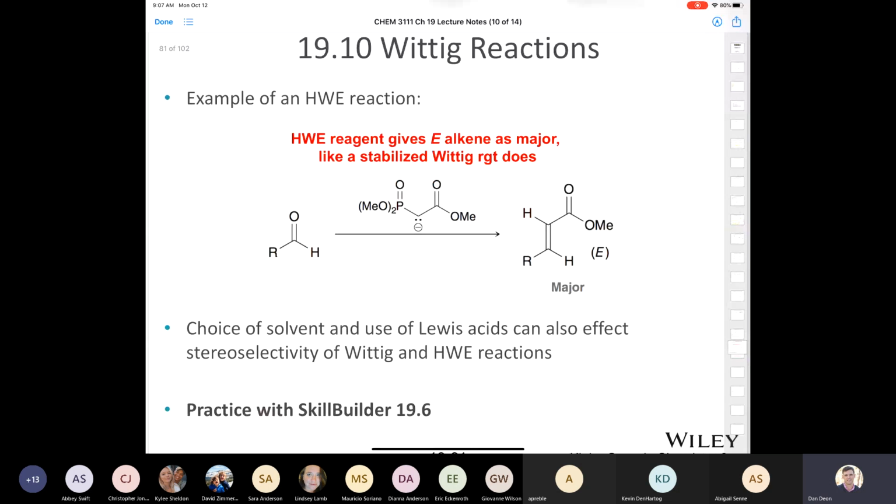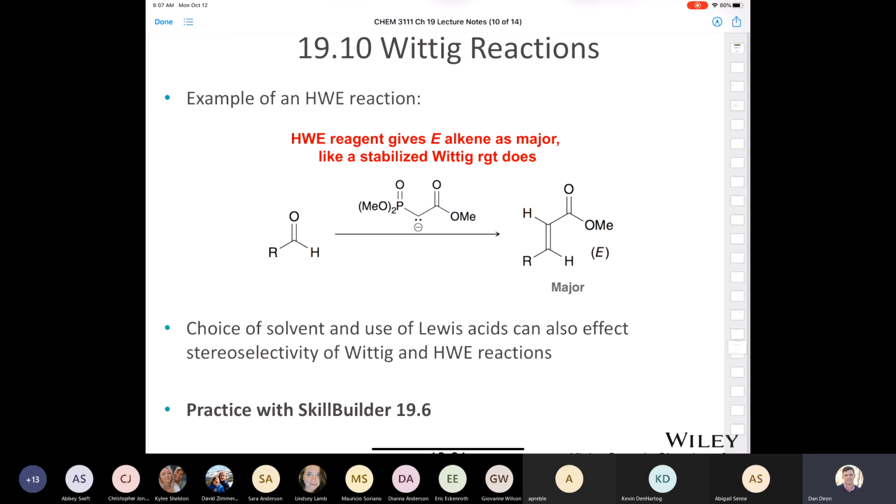Here's an example of a Horner-Wadsworth-Emmons reaction. So again, it's just a variation on the Wittig reaction. The Horner-Wadsworth-Emmons reagent gives the E alkene as the major product, like a stabilized Wittig reagent does.